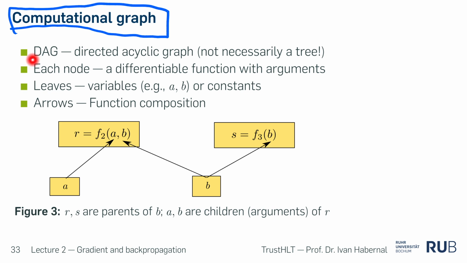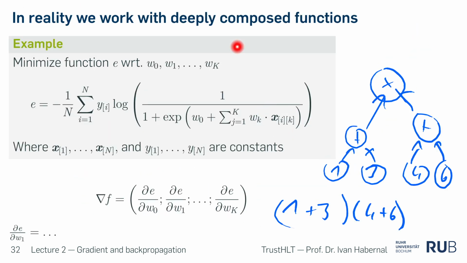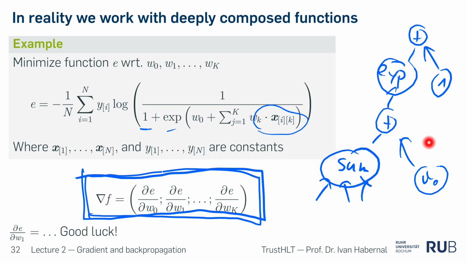And it's a DAG, a directed acyclic graph. It doesn't have to be a tree. In this case, this is a tree, and could even be a binary tree if you want, but you can also have this as well. It could be a sort of graph where you have different paths.